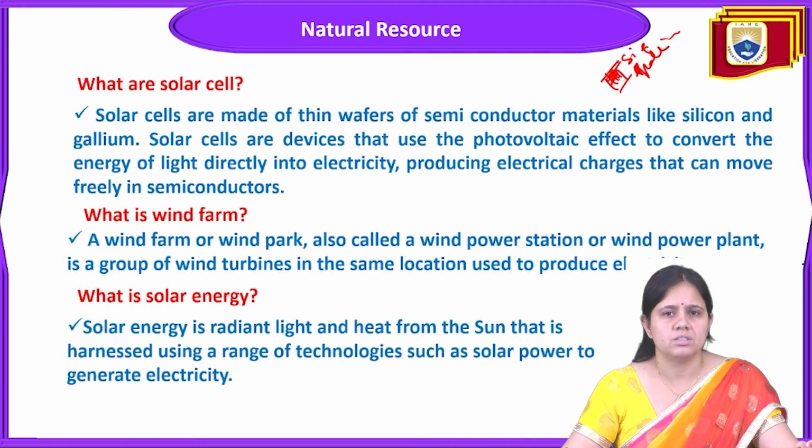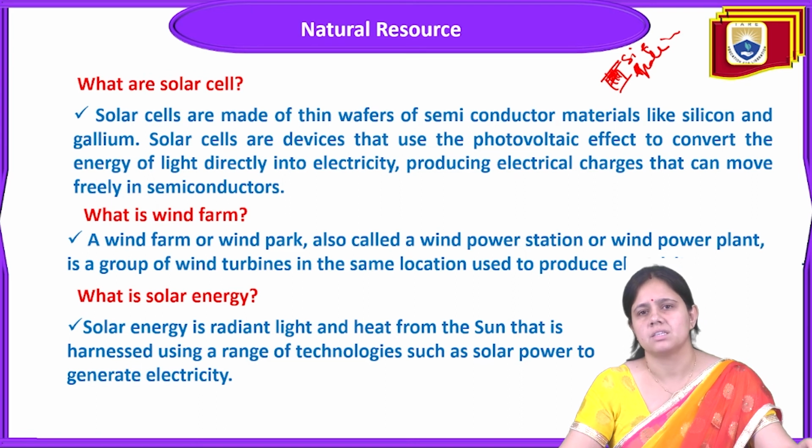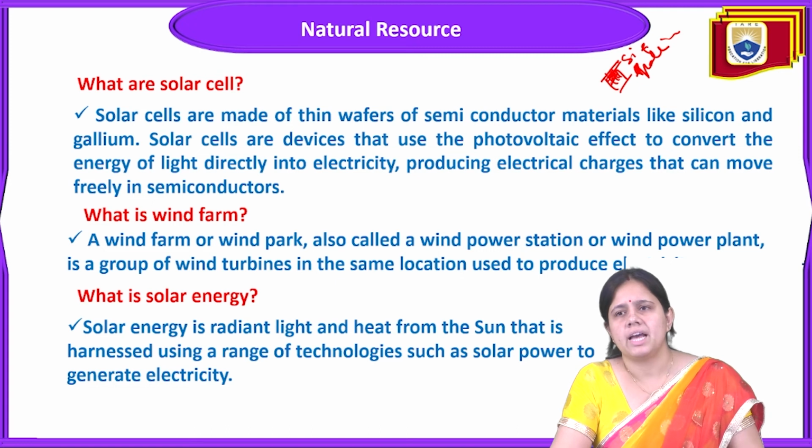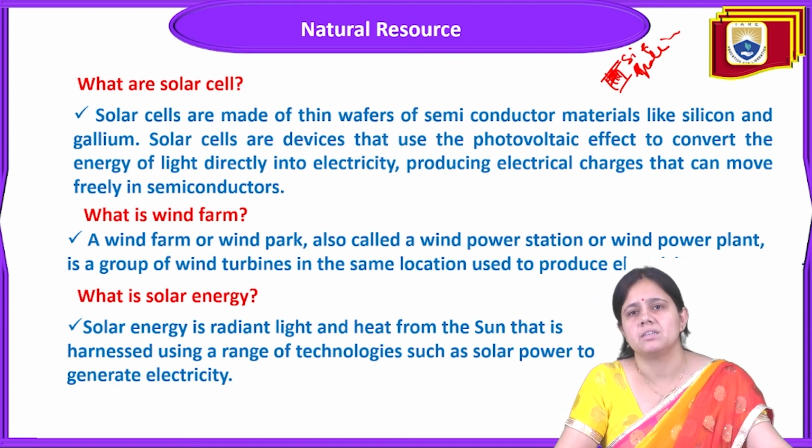This effect causes the conversion of solar light into electricity, producing electrical charge that can move freely in semiconductors. In these semiconductors, electrical charge is produced, and it can move freely.